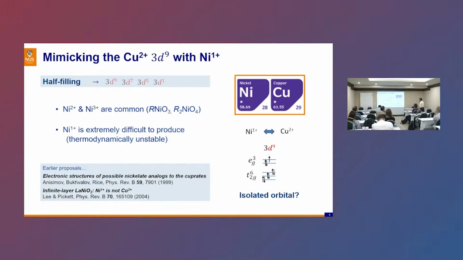So this has been proposed to be a system that can have all the different ingredients I mentioned before. With this, you can achieve the 3d9 orbitals. The question is whether you can isolate these half-filled orbitals of the 3d9 in nickel 1+.